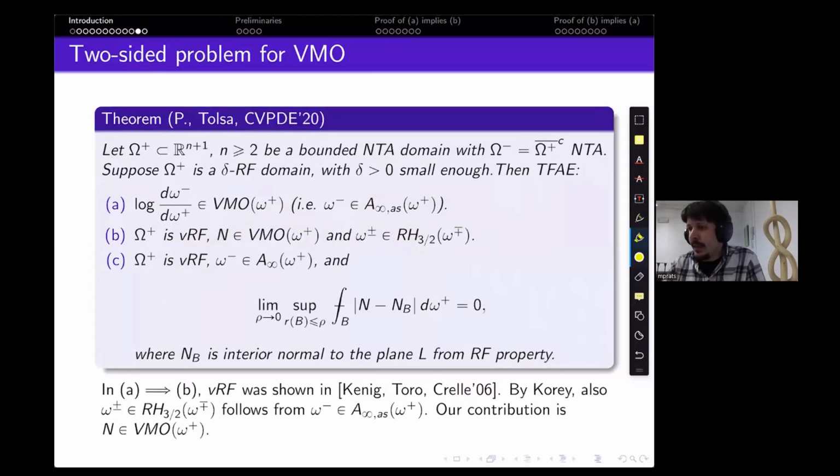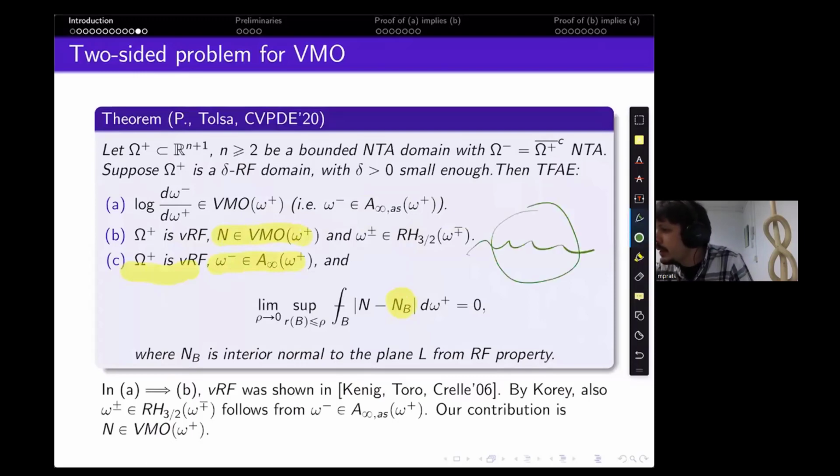And now, just for the sake of completeness, this is equivalent to maybe a slightly more geometric idea. Omega plus is vanishing Reifenberg flat, omega minus is A_infinity with respect to omega plus. And instead of taking VMO, recall that in VMO you measure the oscillation with respect to the mean. Instead of the mean, you can put this n_B, and this n_B is just taking the interior normal from the vanishing Reifenberg flat condition.